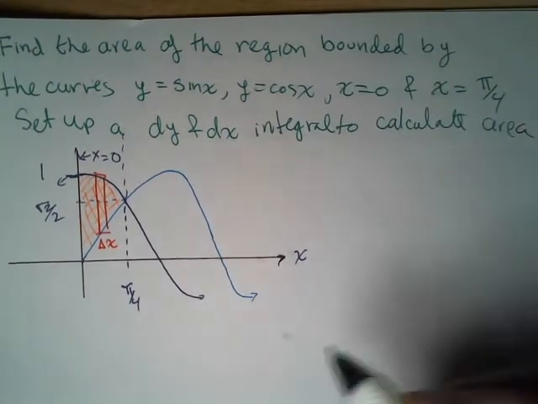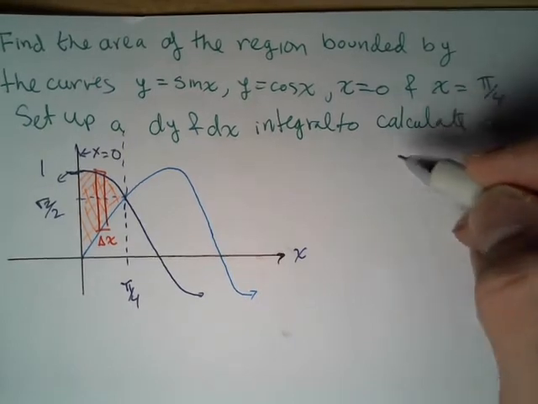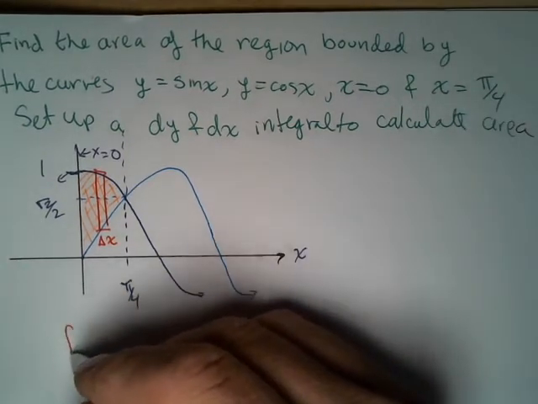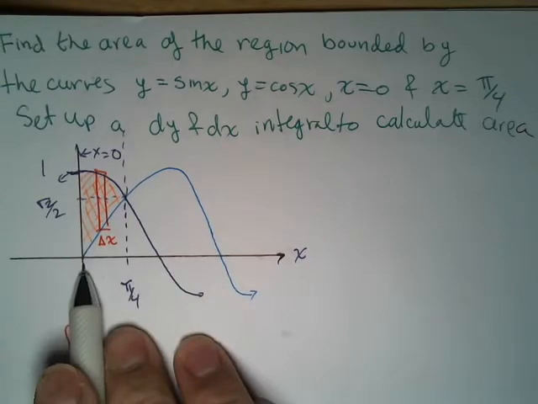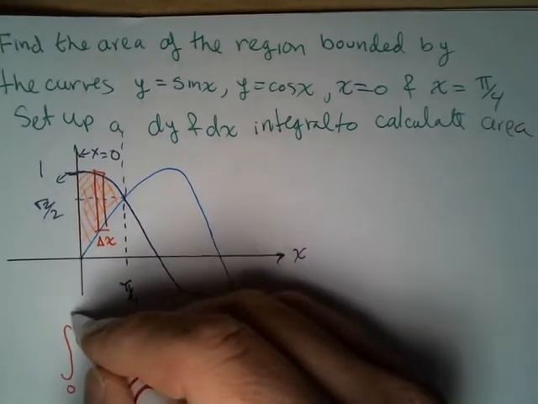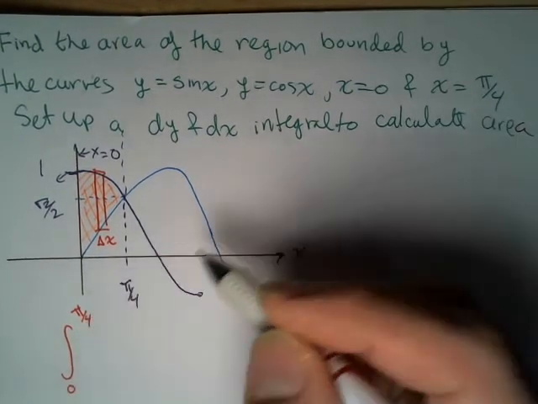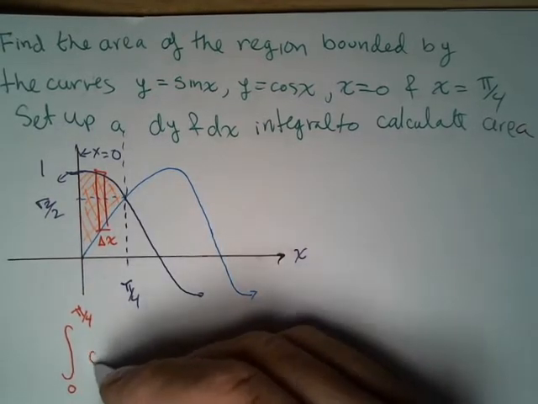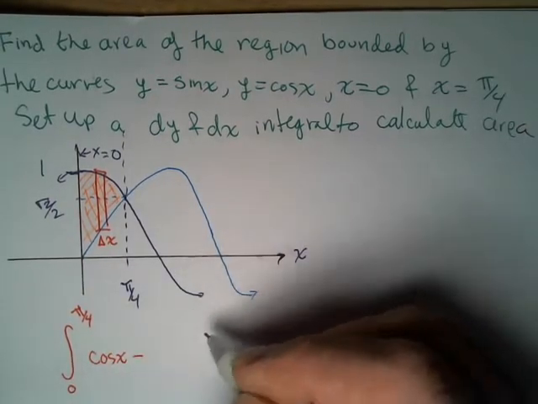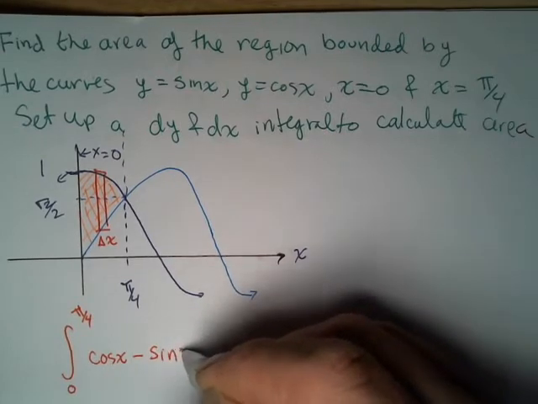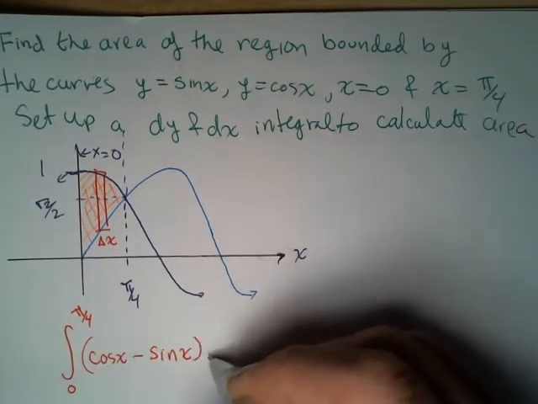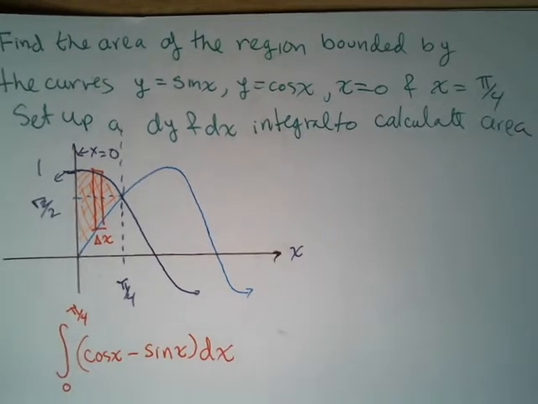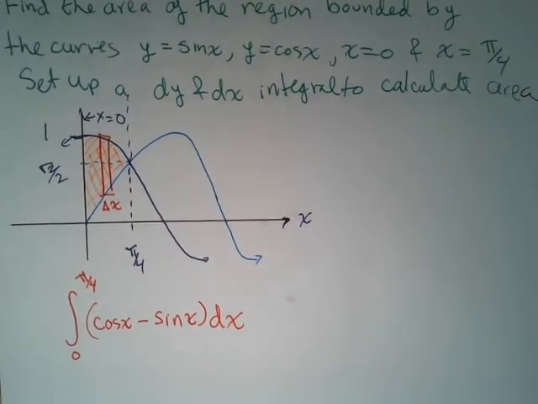When I set up my integral, here we'll have the integral from 0 to pi over 4 of the top curve, which is the cosine of x, minus the bottom curve, which is the sine of x, dx. And this is a pretty straightforward integral. So if we're asked to do that, I would go ahead and calculate this.